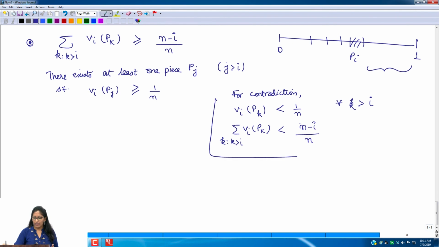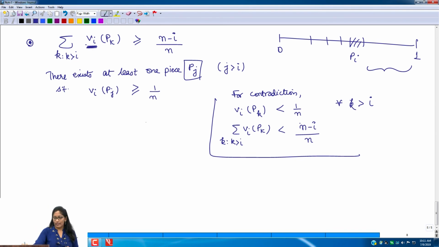So there does exist, and this is what we call an averaging argument, at least one piece pj for this agent i such that he values it again at least at 1 by n. So he has at least two pieces which are valued at 1 by n.